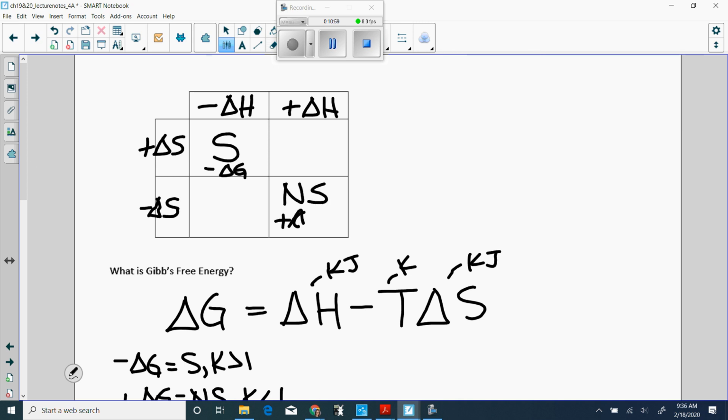I'm going to have a positive delta G. It's those in-between situations that we're going to have to math to figure out. If I put heat in, but the kids do get to party, it's only going to be spontaneous at high enough temperatures.